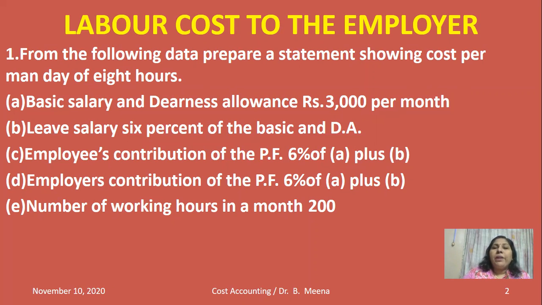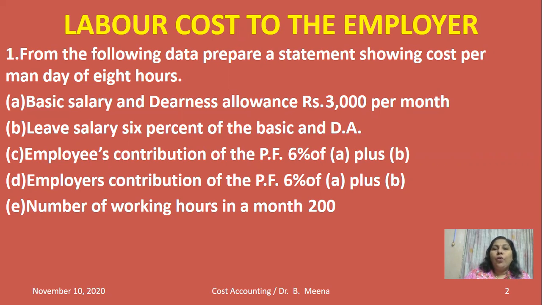So when the company is working out the labor cost to the employer in the way of paying wages or salary, the contributions of the employee, like towards PF or ESI, are irrelevant for calculating labor cost to the employer.